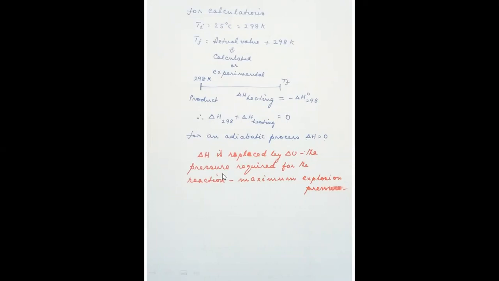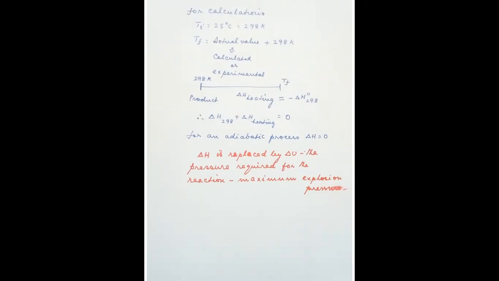If the ΔH is replaced by ΔU, then the pressure required for the reaction is called maximum explosion pressure. So at this point, you have to understand what is the maximum flame temperature and the maximum explosion pressure. So maximum flame temperature is different and the maximum explosion pressure is different.